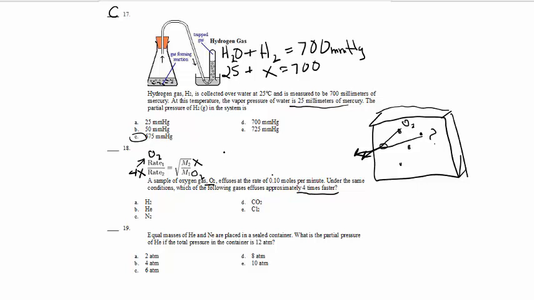We could say that 0.10 over 0.40, which is 4 times the 0.10, is equal to the square root of the molar mass of the gas we're looking at over 32 grams per mole for oxygen. Solving this out, we find out that the actual molar mass of the gas is 2.0, and it is hydrogen.